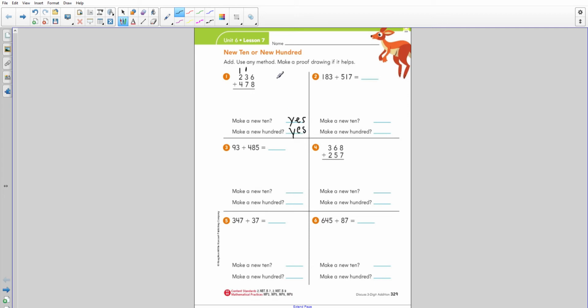Now friends, if this is challenging for you, you can definitely make some drawings to help you out. I'm going to take the first number, 236. And I'm just going to switch colors for you.